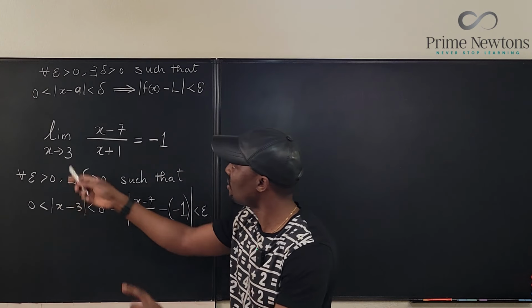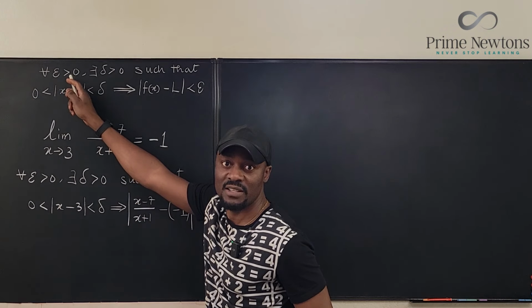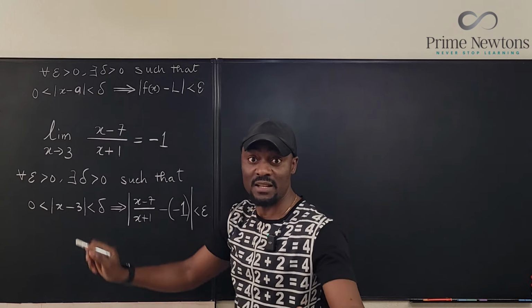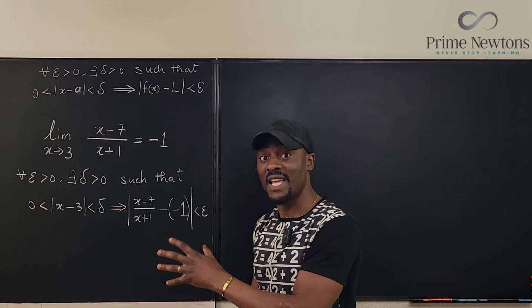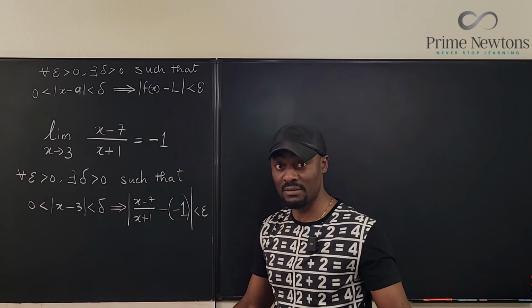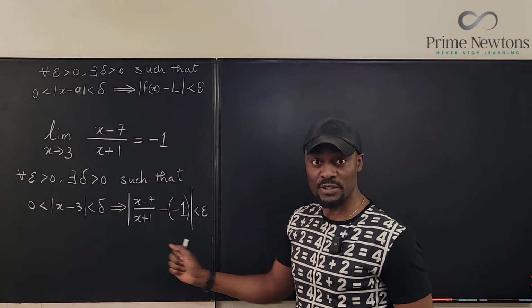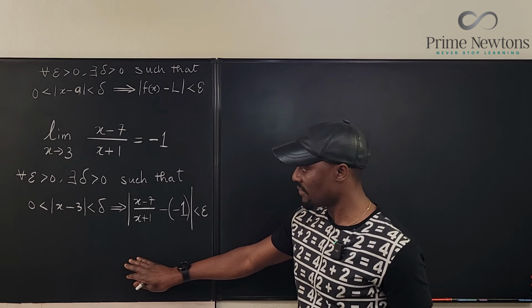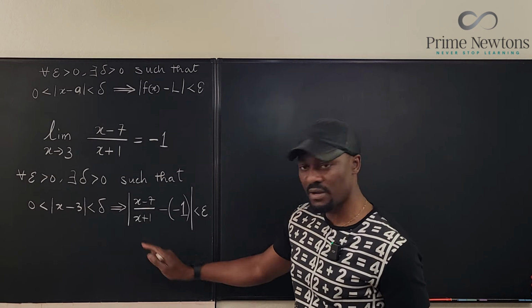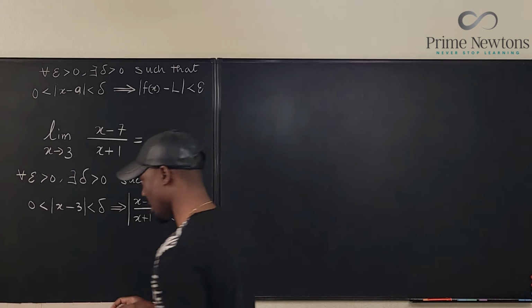Remember, the mission is for all epsilon greater than 0, there exists a delta. We just want to show that there exists a delta. If we can find a delta, we're done. So how do you start this proof? I wish I could start here, but I might have to come back to it. I actually want to start from here so I can save space. So let's begin.